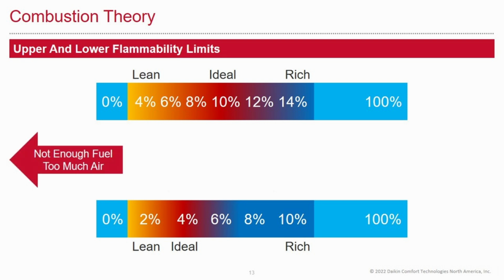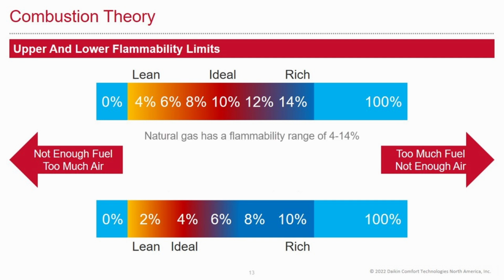If the fuel-to-air mixture is on the lean side, there is not enough fuel and too much air. If the fuel-to-air mixture is on the rich side, there is too much fuel and not enough air. Natural gas has a flammability range of 4 to 14%. Propane has a flammability range of 2 to 10%.